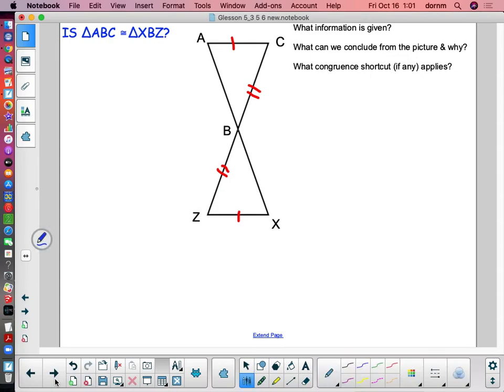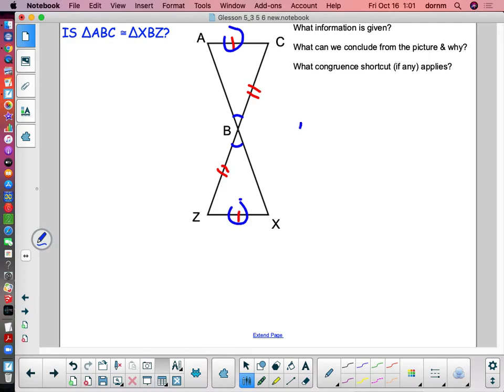I think this is our last one of the day. Once again, I don't have parallel sides, but I do have my vertical angles. The picture gives me that. Then I have 1 pair of corresponding sides congruent right here and right here. And a 2nd pair of corresponding sides congruent here and here. Do I have congruent triangles?